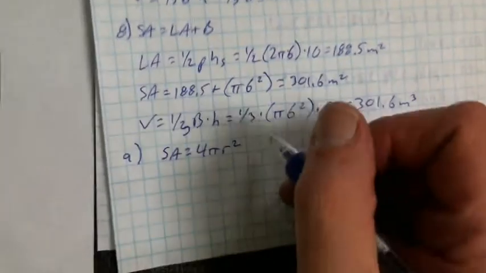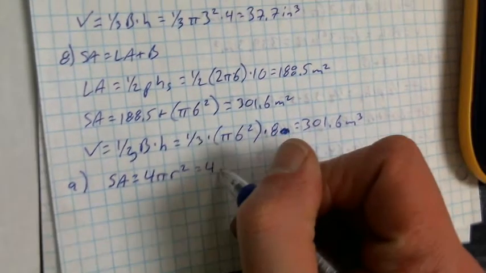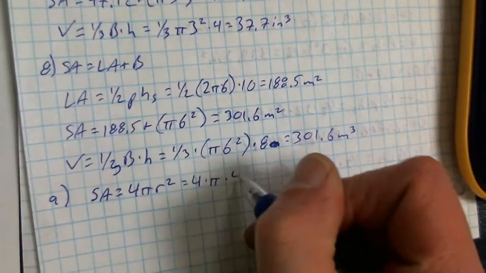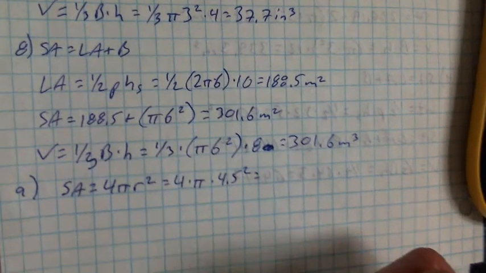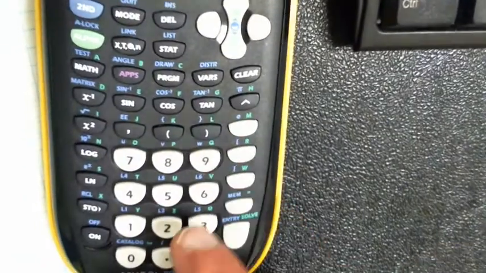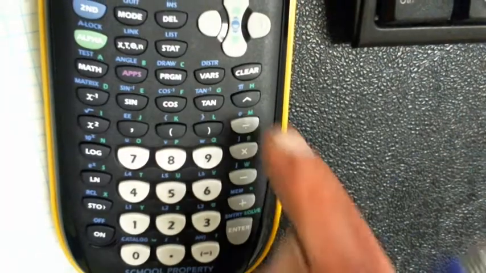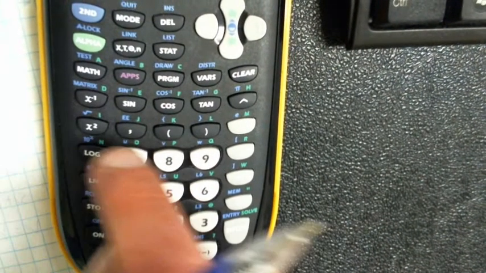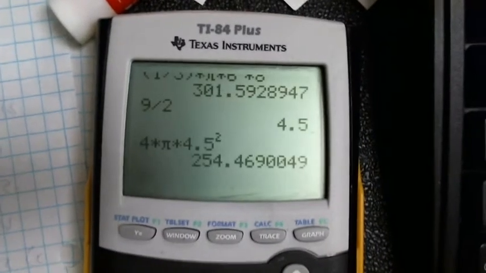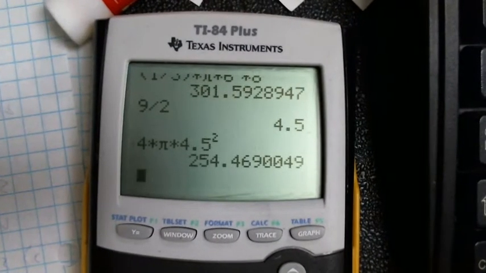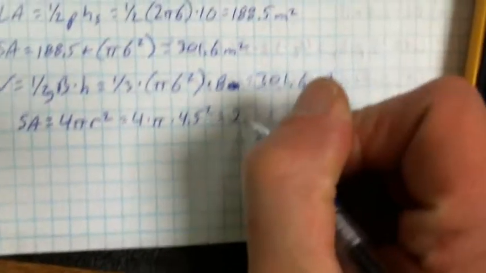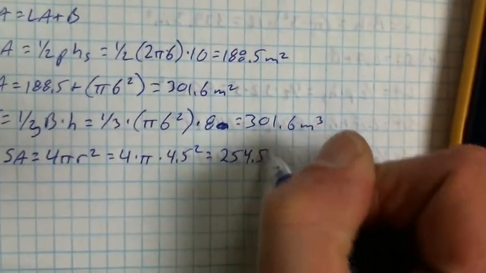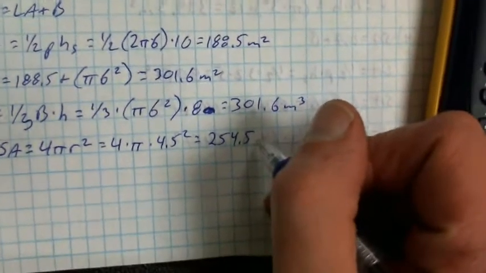So that's going to go 4 times pi times 4.5 squared. That's 254.5. Surface area, we were in inches, so that's square inches.